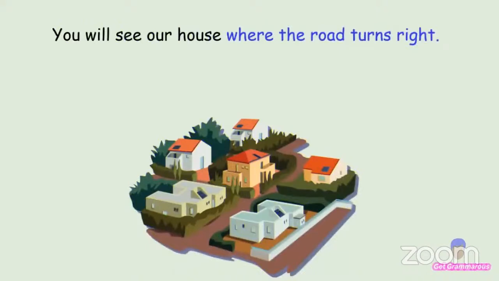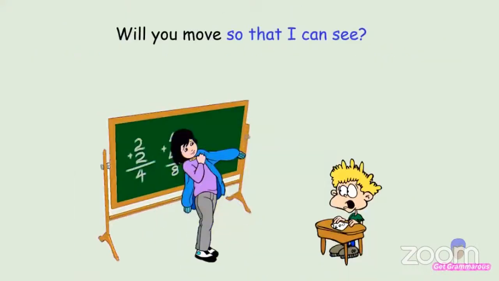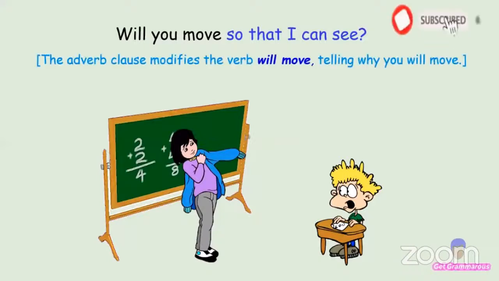The adverb clause where the road turns right modifies the verb will see, telling where you will see our house. An additional example. Will you move so that I can see? The adverb clause so that I can see modifies the verb will move, telling why you will move.